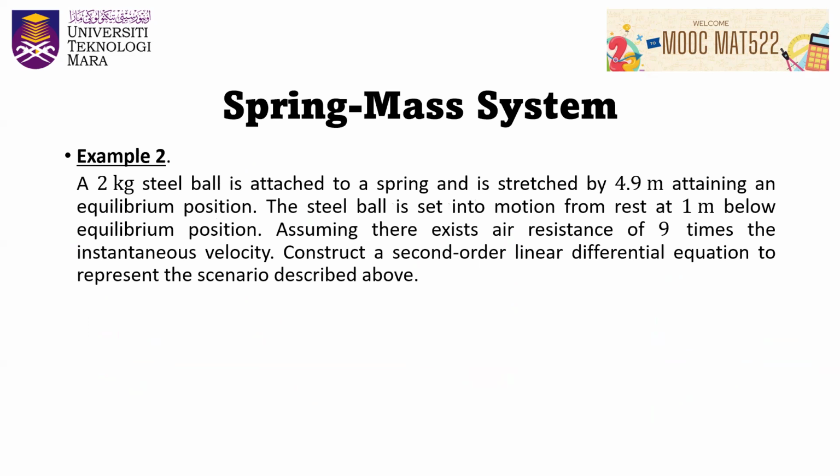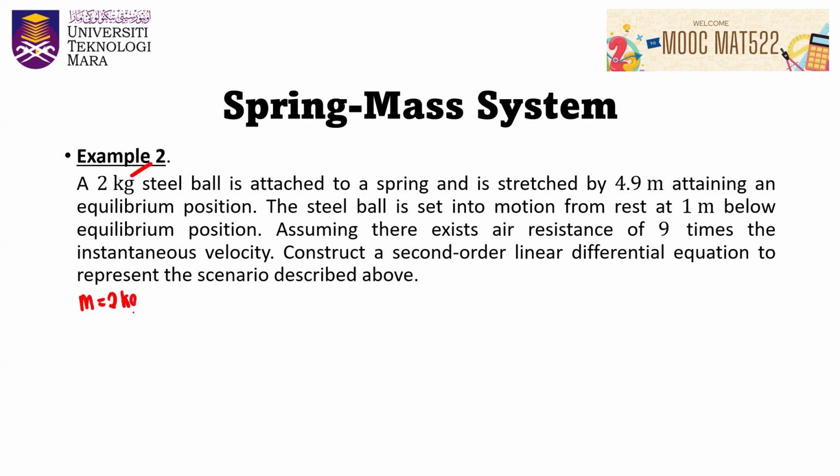Assuming there exists air resistance of 9 times the instantaneous velocity, construct a second-order linear differential equation to represent the scenario described above. Here, the mass is given immediately, m equals 2 kg.